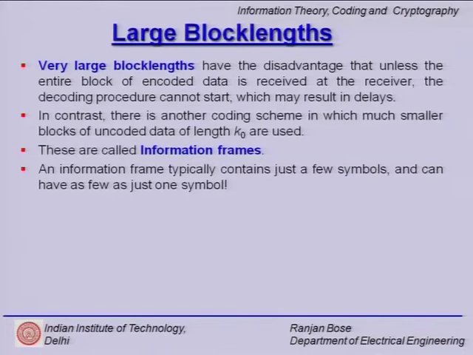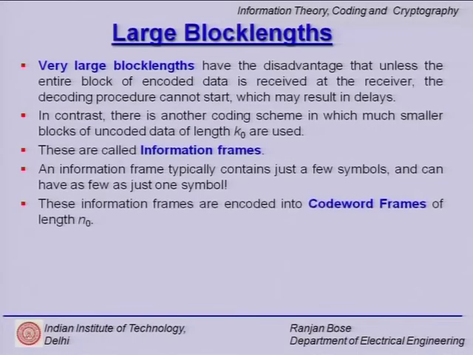So, we will be working with much smaller sets of symbols which will be used to encode, and each information frame would result in a code word frame of length n naught. So, what we are doing different is k naught symbols or bits will be encoded into n naught symbols or bits, where both k naught and n naught are small.